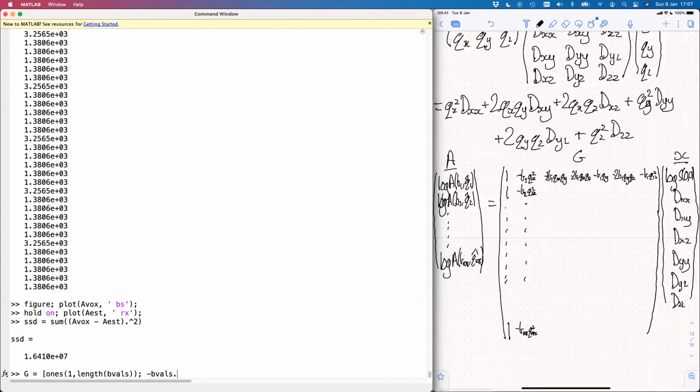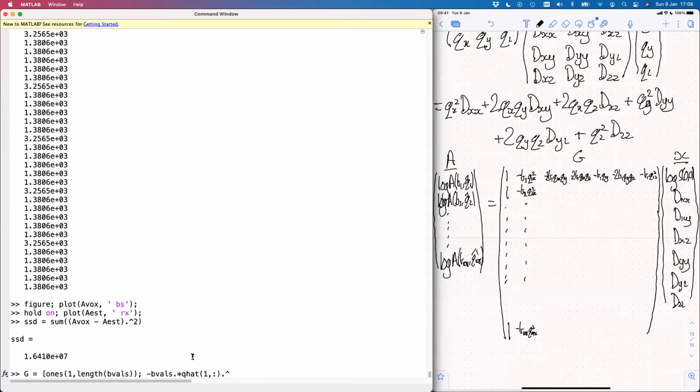I've got all the q hats in a matrix called q hat. Dot times does an element by element multiplication. So we're going to multiply the whole array of b values with a whole array of qx's. So all the q vectors are in a matrix called q hat, and the first element of that is the x's.